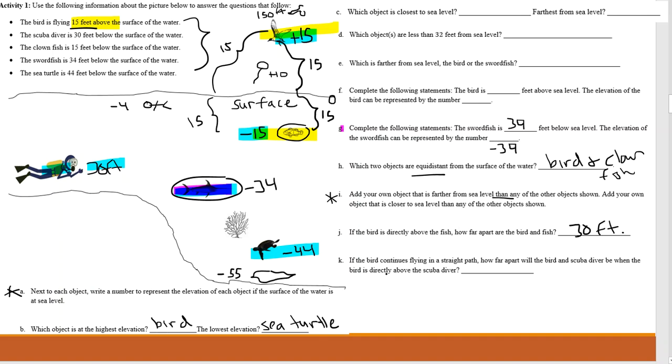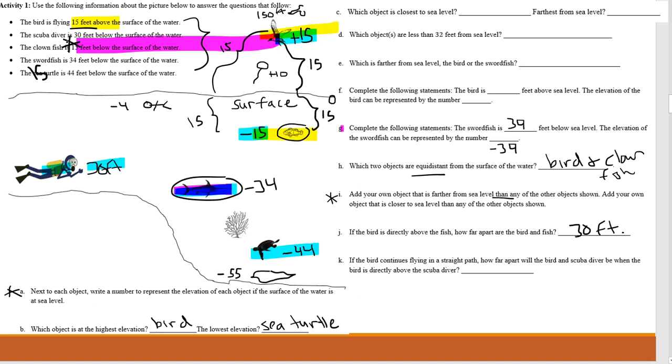And then for K, if the bird continues flying in a straight path, how far apart will the bird and scuba diver be when the bird is directly above the scuba diver? So if we take this bird, I'm going to make its path pink. If it flies in a straight path right here, now we've got the bird right here, directly above the scuba diver. The distance from where the bird is to the surface of the water is 15.